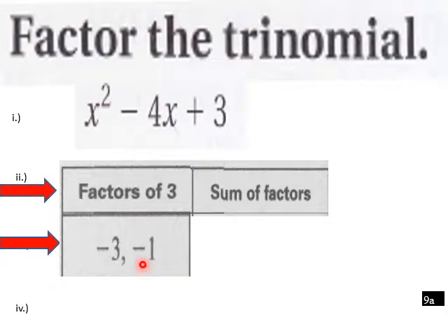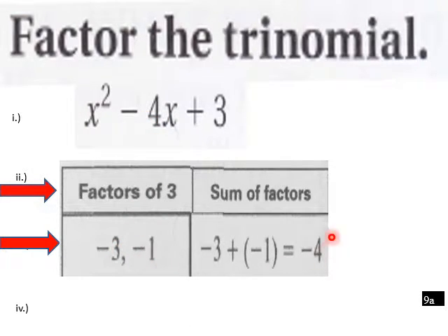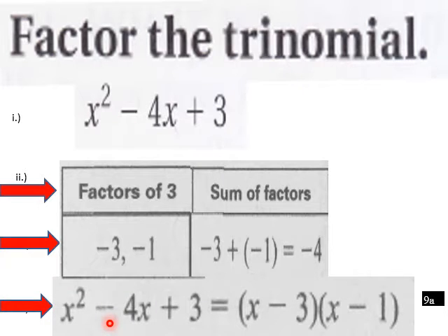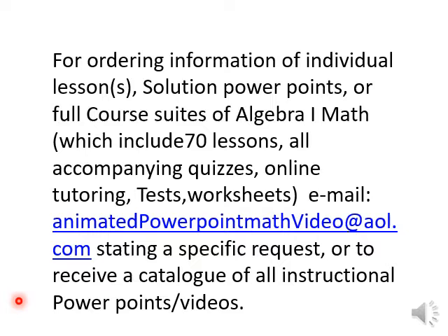And then negative 3 plus negative 1 is negative 4, is it not? So that would work there. So x minus 3, x minus 1 would be the factoring of this trinomial, x squared minus 4x plus 3, because it works for that. So that would be 8.5.